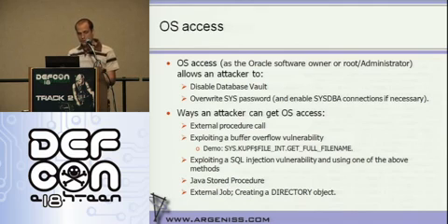Well, let's see some ways to get operating system access through the database. This operating system access, as the Oracle software owner or as root or administrator user in Windows, allows an attacker to disable Database Vault and additionally to overwrite the sys password and enable the TCP connections if they are disabled.